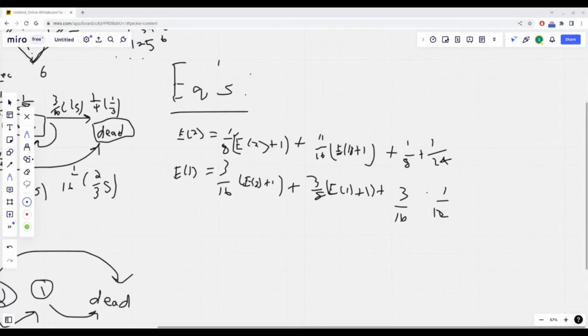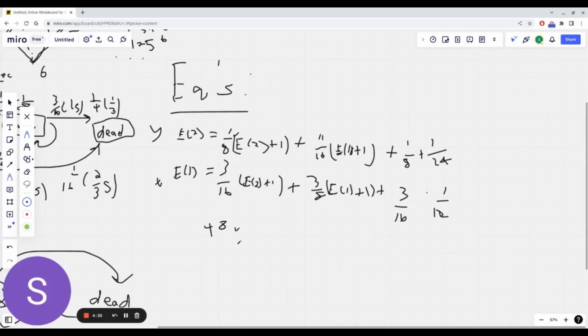Okay, so now that we have our 2 equations here, we can just solve. First of all, we don't like fractions. So I'm going to multiply this first fraction by 48. And we're also going to just make E1 and E2 x and y to make it easier. E1 is going to be x, E2 is going to be y, and y is our answer because they start 2 away. So 48y is equal to, and then just multiply by 48.